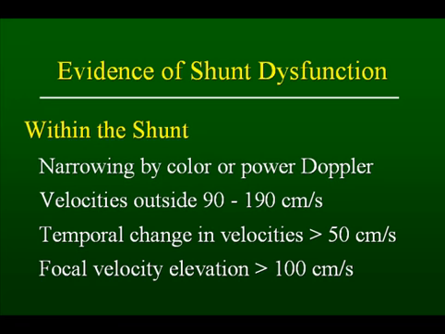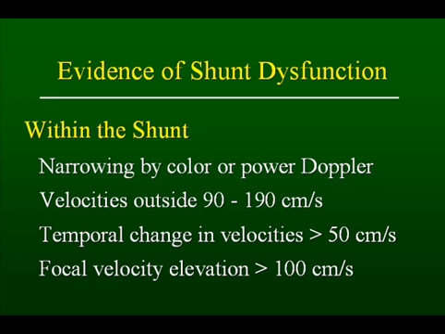Within the shunt, 4 parameters have been elaborated. There can be a visible narrowing by color or power Doppler, particularly in the distal shunt. You can get absolute velocities within the shunt outside the 90 to 190 centimeters per second range.